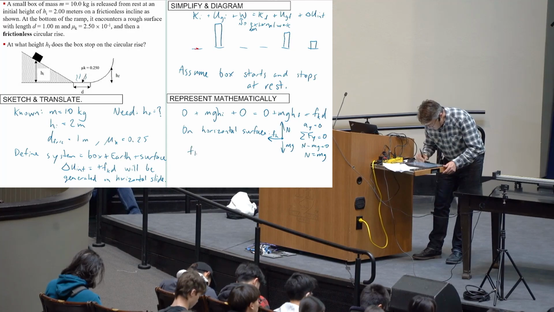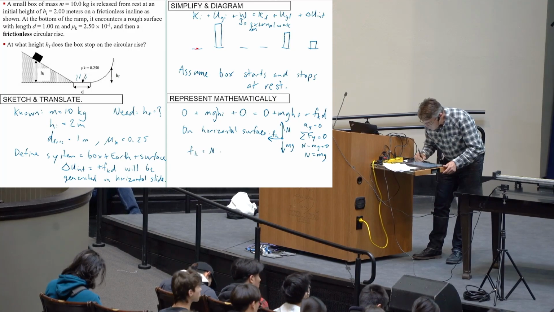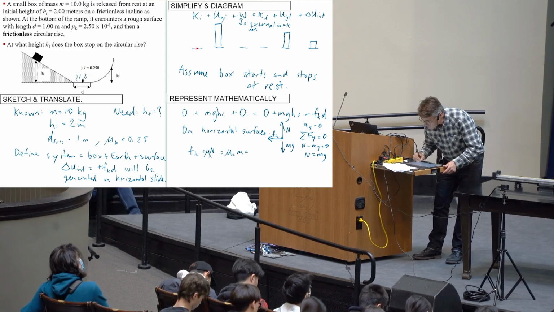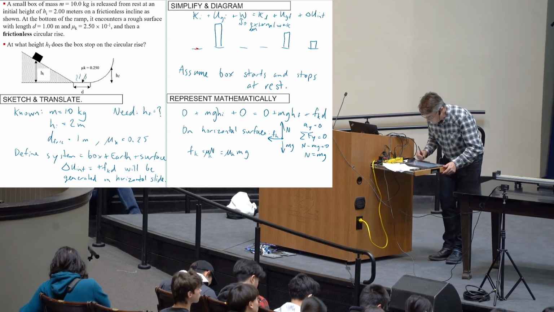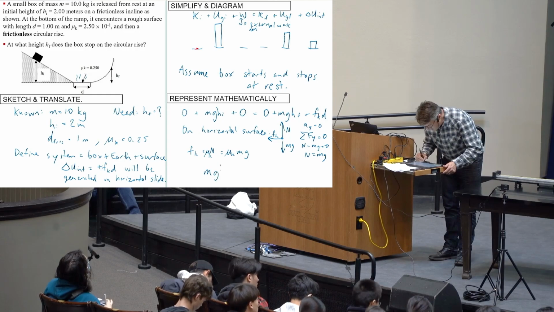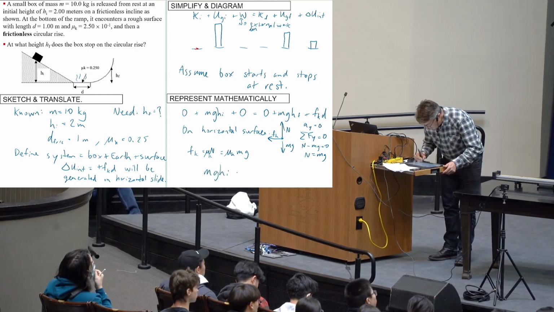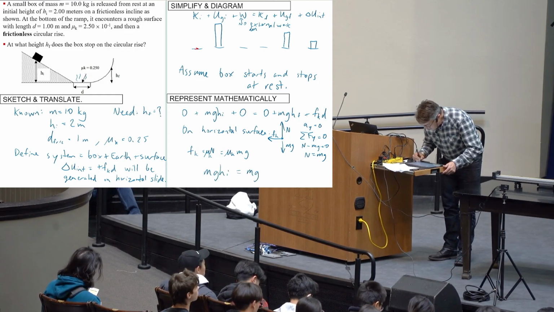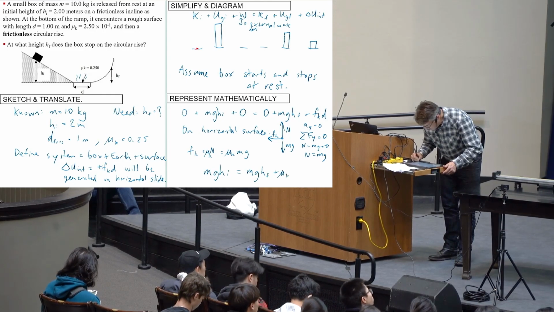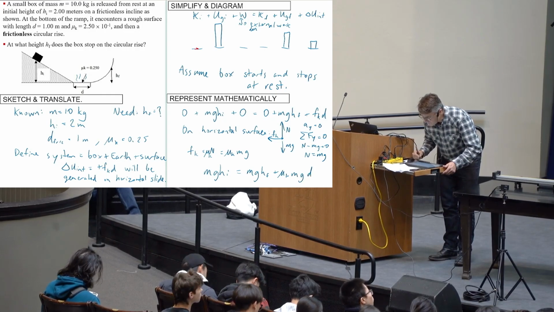Fk is going to be the normal force times mu sub k, which is mu sub k times m times g. So our energy equation becomes mgh initial equals mgh final plus mu sub k times m times g times d.